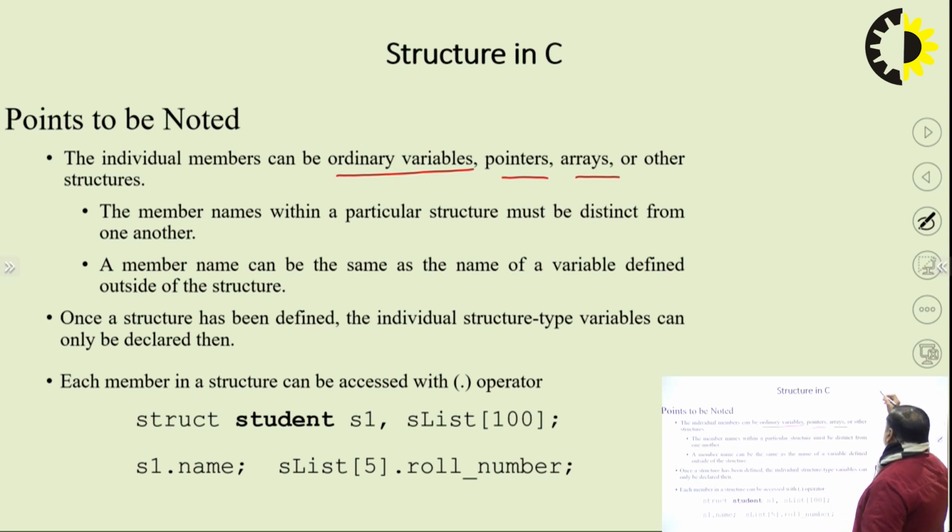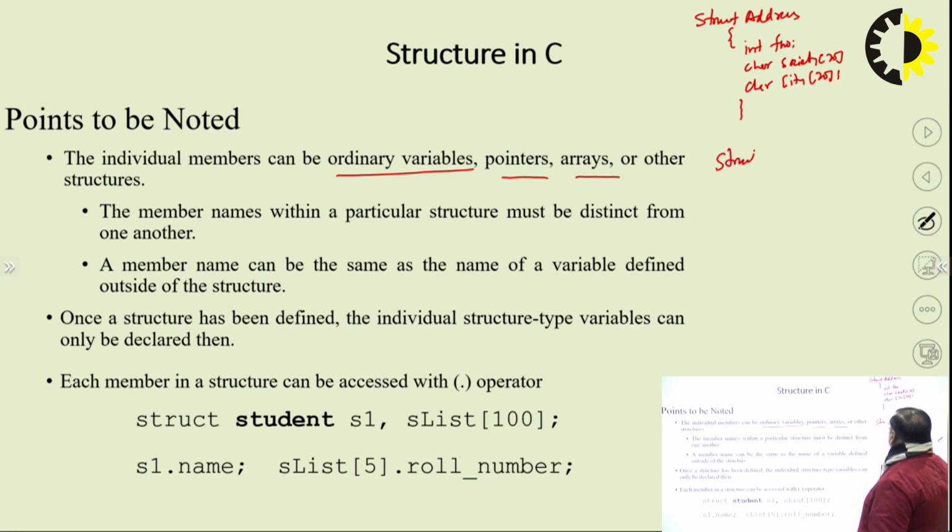For example, we can create a struct address, and we have int flat number, char society, char city, and we can have another, like here we have declared struct person.